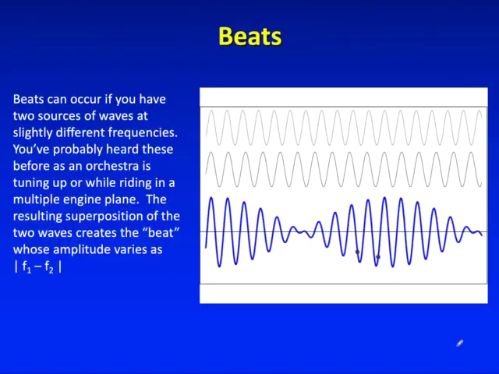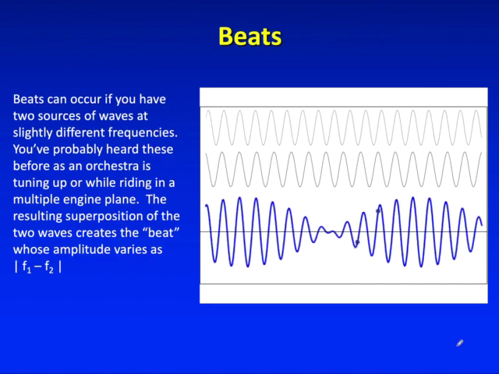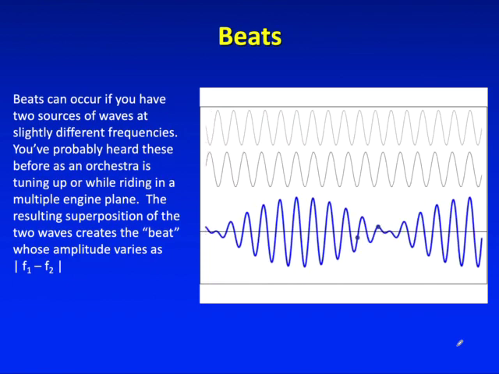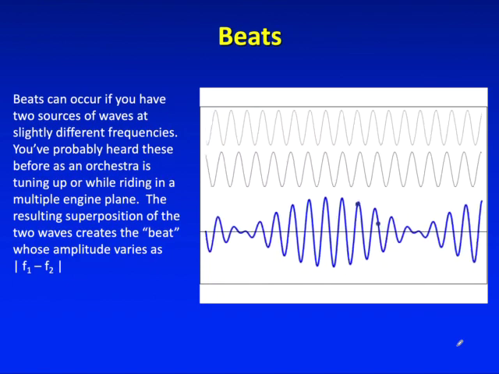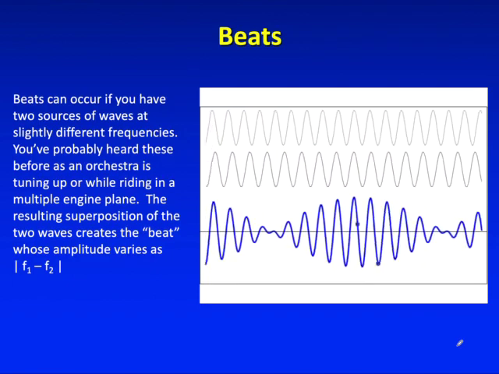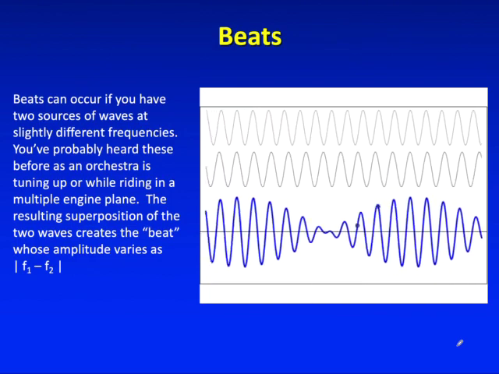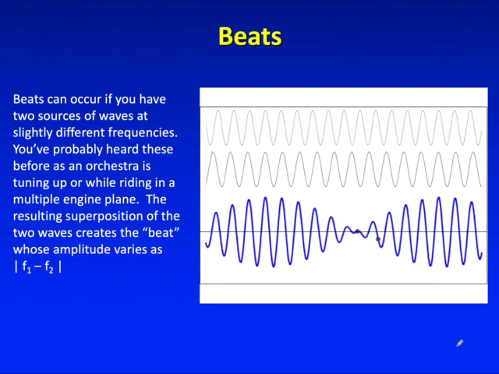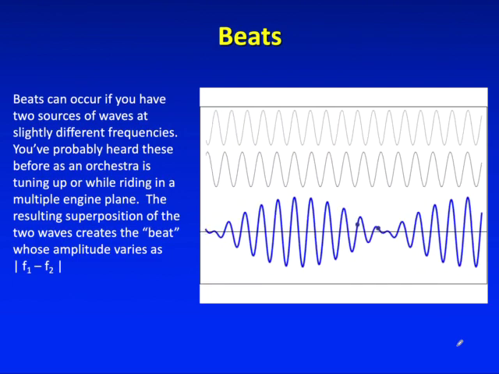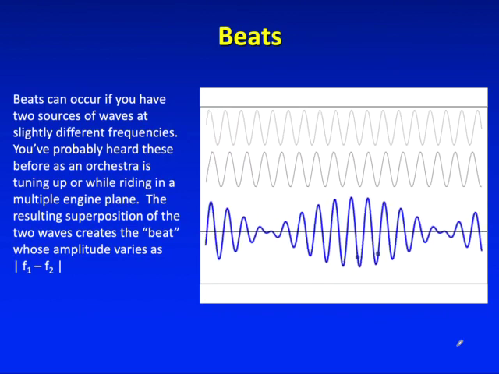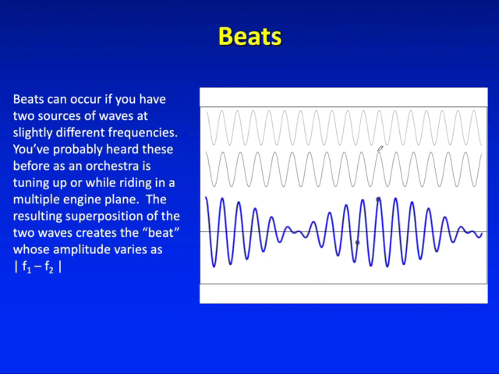But what I want to get into is this idea of beat frequencies, which is different. It happens if you've got two sources of waves at slightly different frequencies. Orchestras actually use the effect of beats. And by the way, beats is not the brand name of headphones. Beats in this case is where you end up with two waves getting in phase at certain points, and you end up with constructive areas.